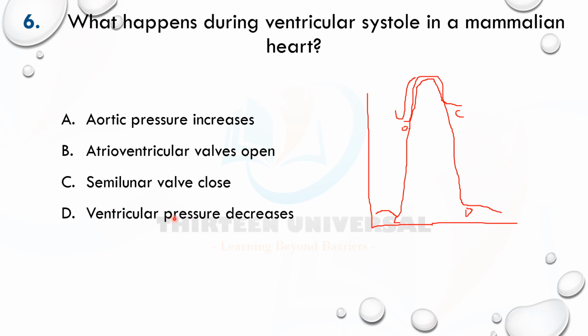Ventricular pressure decreases? Nope. When ventricle is contracting, the pressure is rising, rising, rising. So the only one that makes sense is aortic pressure, because the blood is moving from ventricle into aorta. Do you understand? Left ventricle to aorta. So the pressure in the blood entering the aorta causes an increase in aorta. All right. So that is why A is the answer, guys.